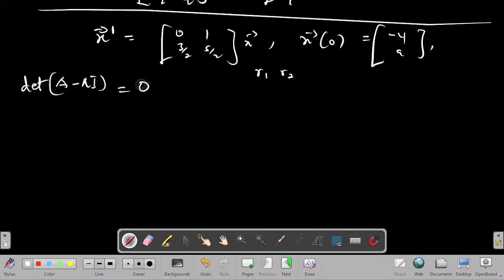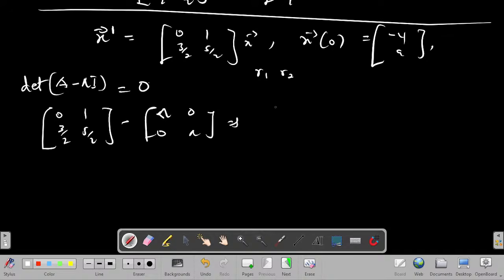This whole thing becomes our characteristic equation in terms of matrices. My A is my coefficient matrix, 0, 1, 3 over 2, negative 5 over 2, minus lambda times the identity, lambda 0, 0, lambda. So we are going to get negative lambda, 1, 3 over 2, negative 5 over 2 minus lambda.